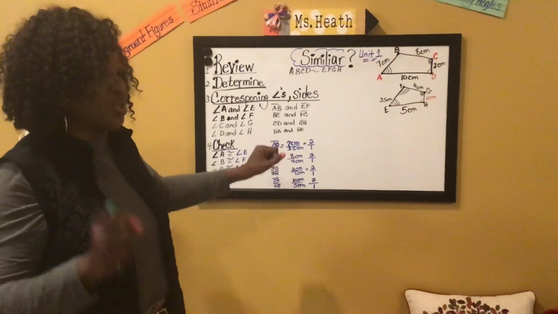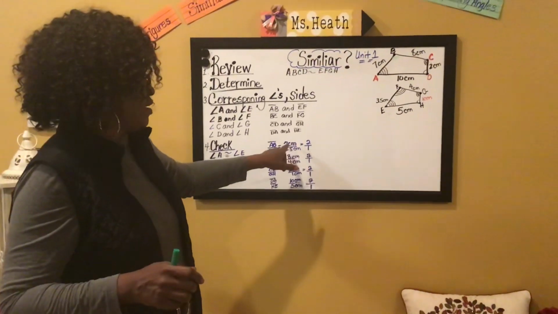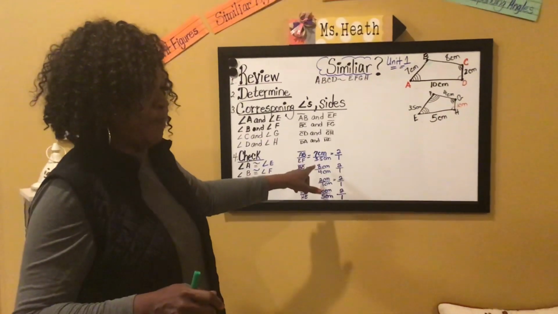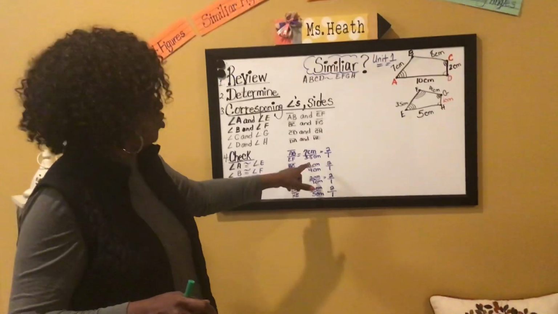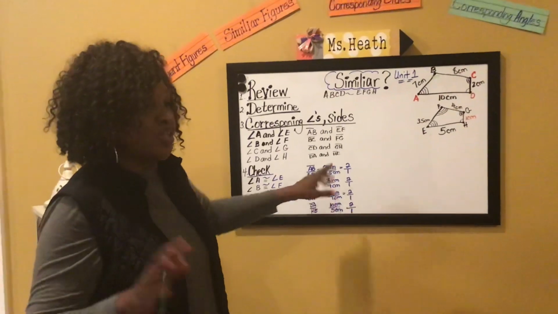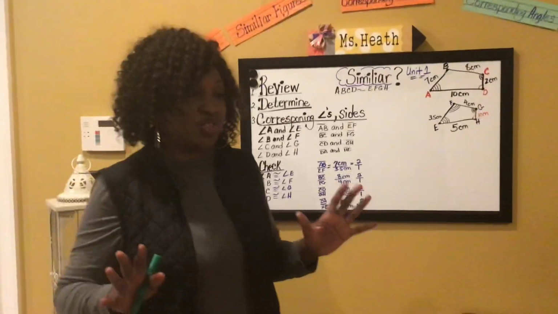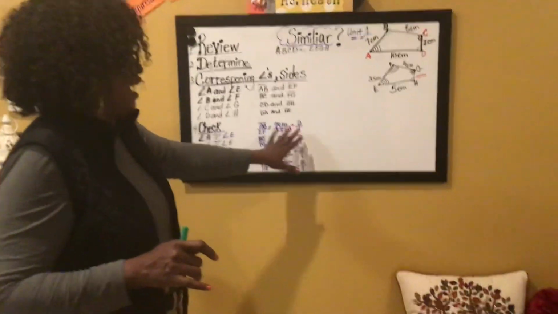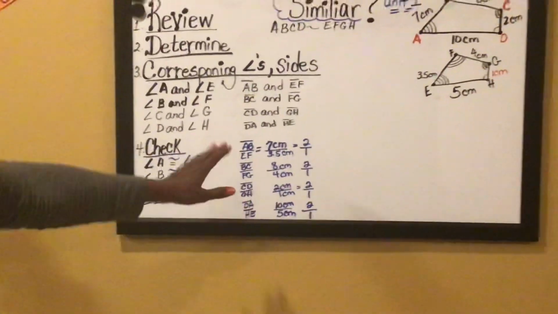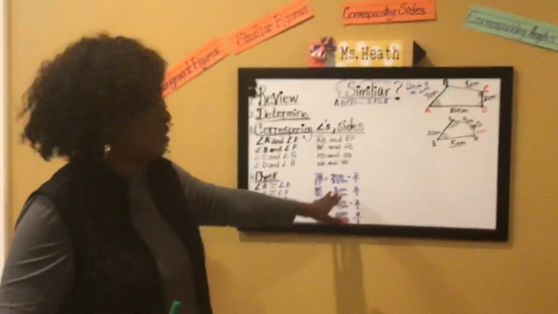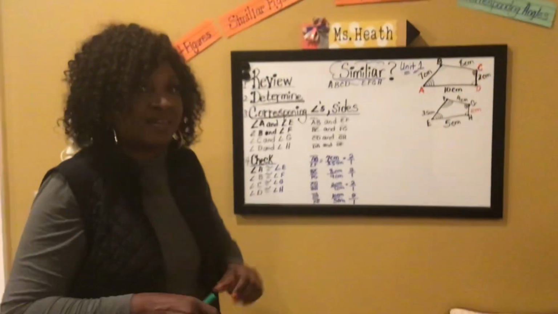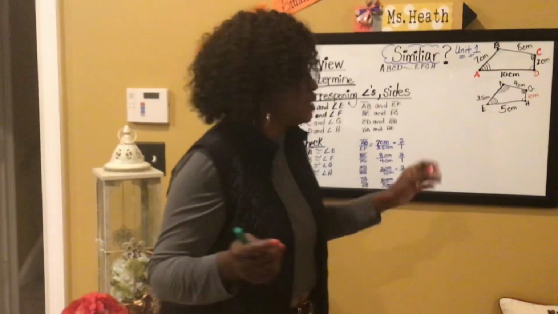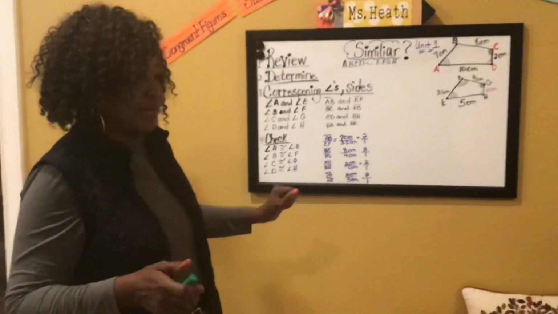And if we reduce the ratio 7 over 3.5, we can divide both by 3.5. You will have to do your division, and that's going to give us a ratio of 2 over 1. Now, if you have a calculator at this point, you can actually do the division, and you will see that that's going to give us 2 over 1. So we may need to go back and review ratios, but that's how I got 2 over 1.